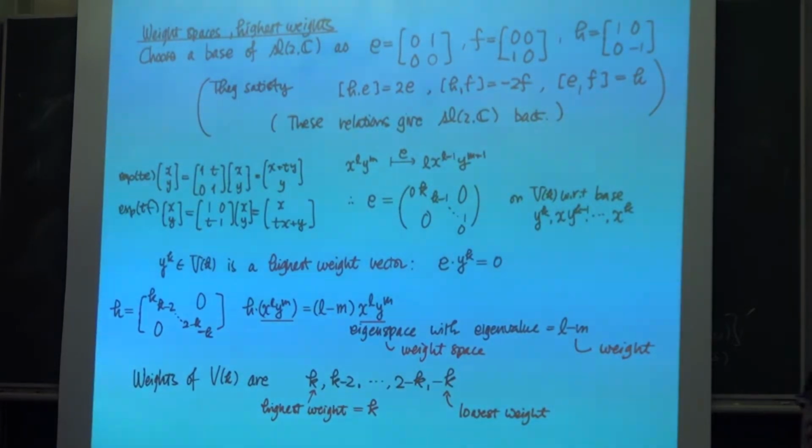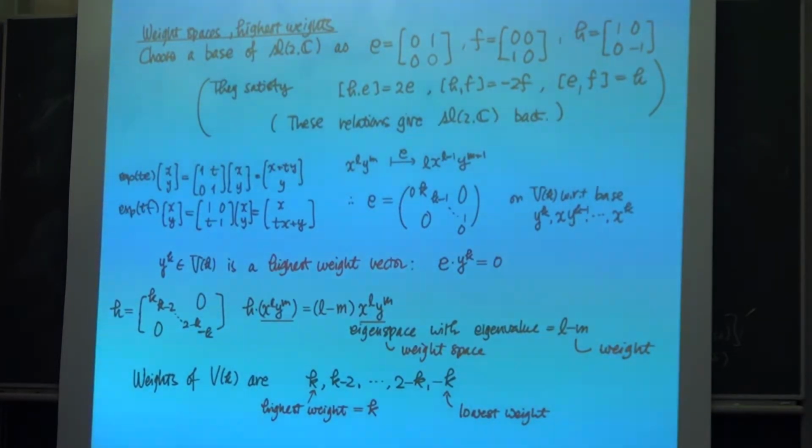Now we switch to the Lie algebra and take a basis. There's a standard one, usually denoted by E, F and H. E is the upper triangular matrix with diagonal entries 0, F is a lower triangular matrix, and H is a diagonal matrix whose diagonal entries are 1 and minus 1.